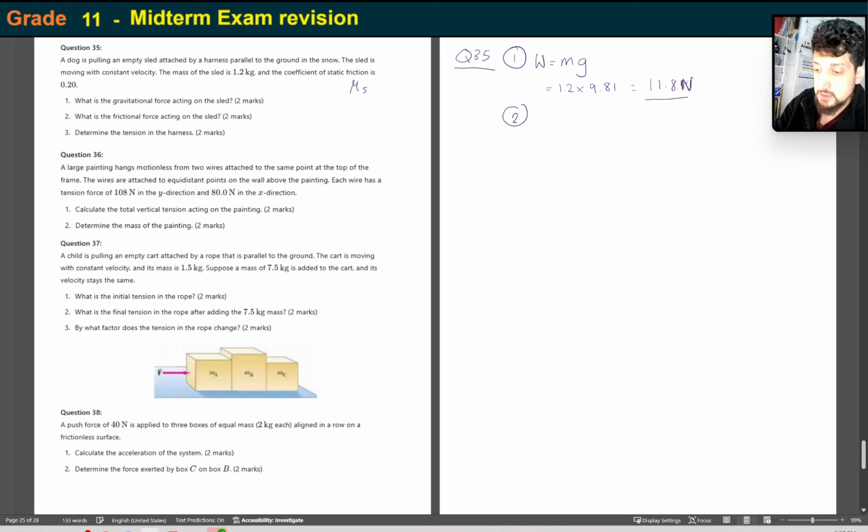Question 2 asks, what is the frictional force acting on the sled? So hopefully you also remember from your physics, and if you don't, obviously you should use the formula sheet. Okay, so hopefully you remember that the frictional force, which is this guy here, is equal to mu, and it depends whether it's static friction or kinetic friction.